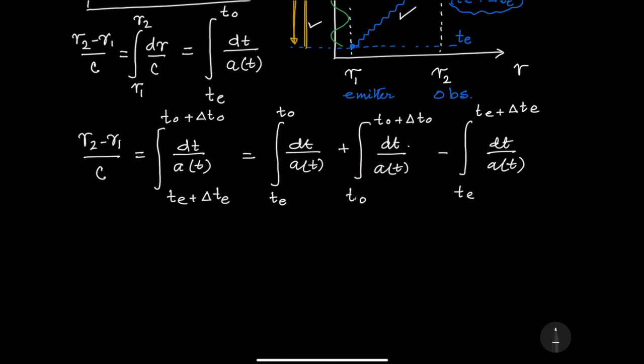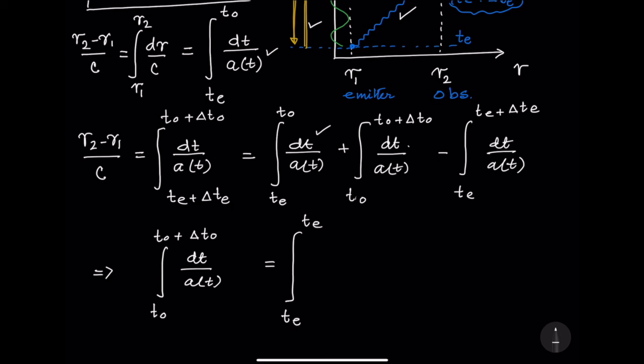If I equate them, you realize that this term is common in both, so that will go away. So what I will be left with is, simple to see, the integral from T observed to T observed plus delta T observed of dt by A as a function of T is the same as the integral from T emitted to T emitted plus delta T emitted of dt by A(t).